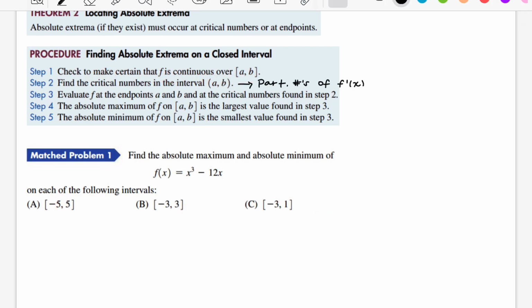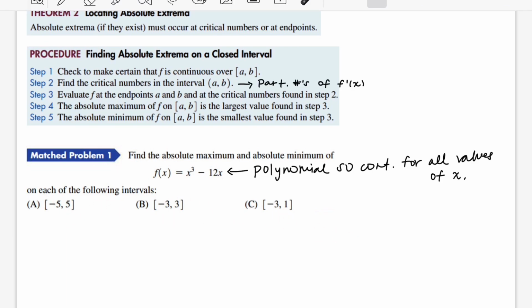Something to note here is that this is a polynomial, so we know that it is continuous for all values of x. Okay, so step one is done for all of these intervals.